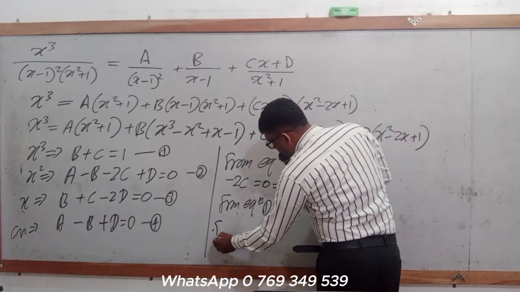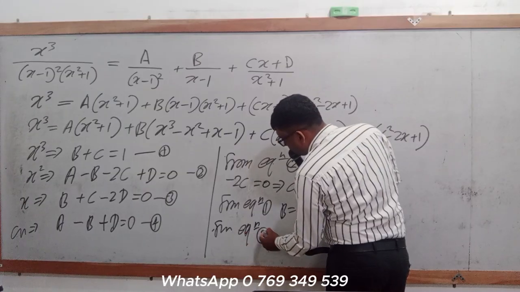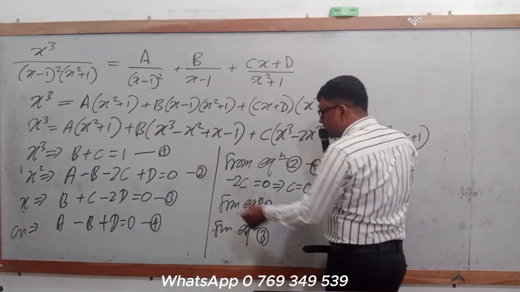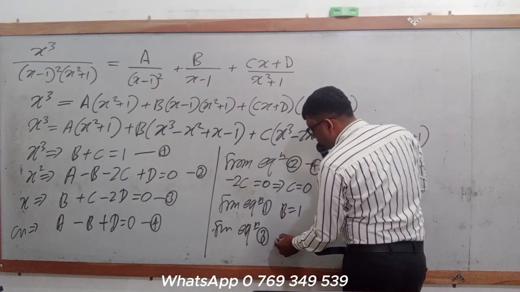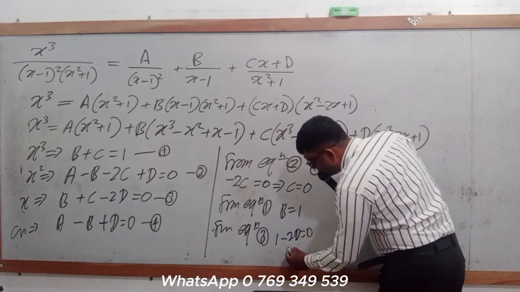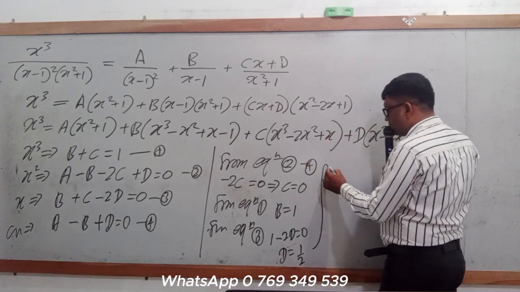From equation 3, we know that c and b is 1, c is 0, therefore 1 minus 2d equals 0, therefore d equals half, right?